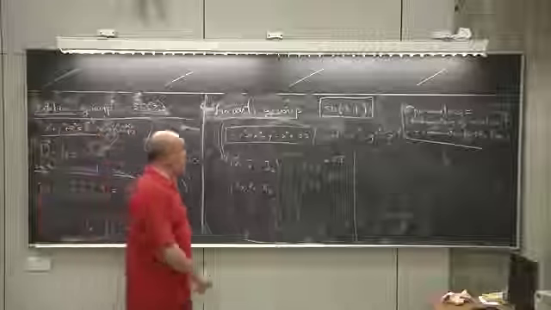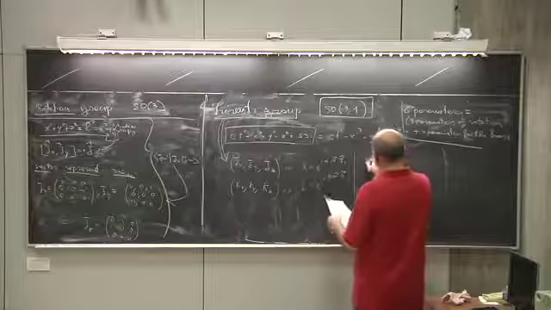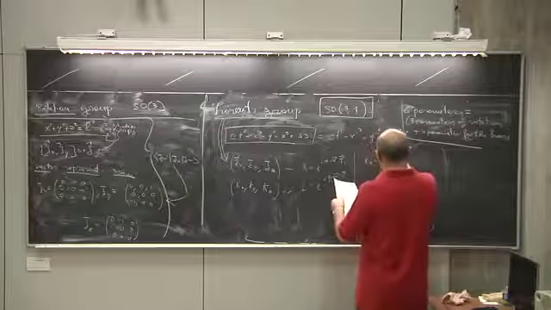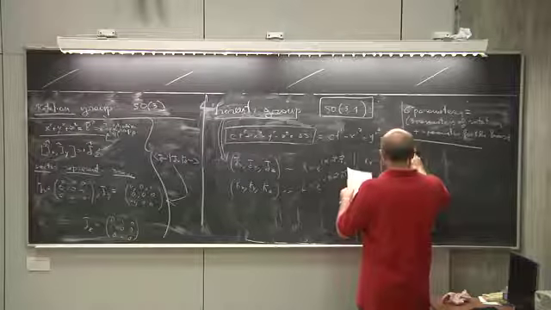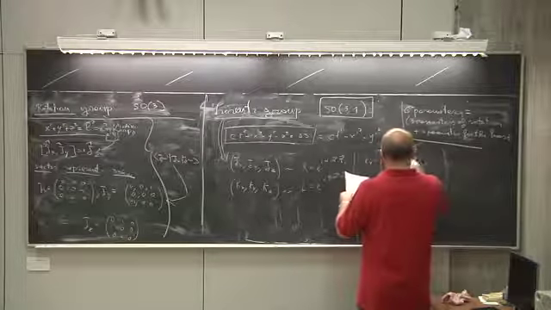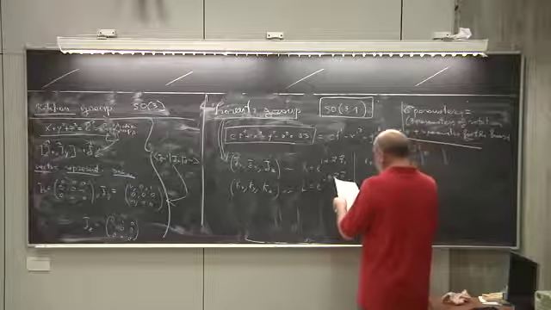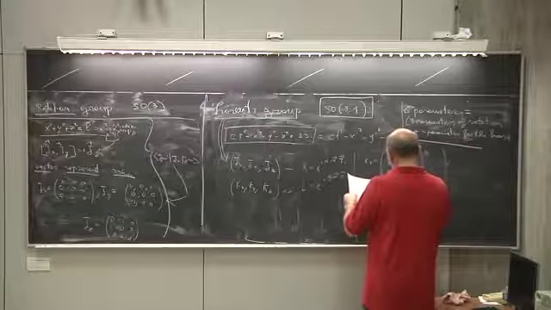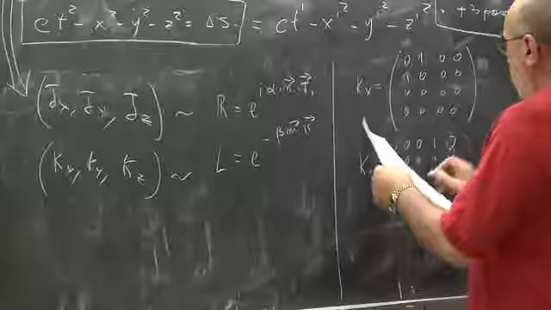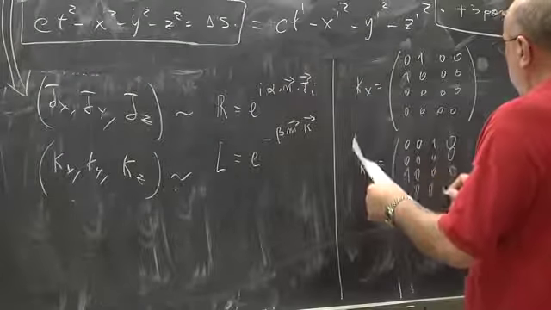The same we can obtain for the K. And the K have the following structure. Kx is equal 0, 1, 1, 0, 0, 0, 0, 0, 0, 0, 0, 0, 0, 0, 0, 0. Ky is 0, 0, 1, 0, 0, 0, 0, 0, 1, 0, 0, 0, 0, 0, 0, 0.